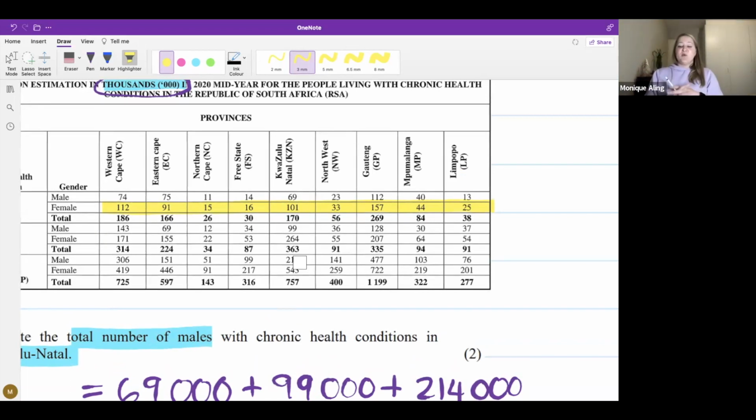Okay, what is the most important thing to remember when working out the median? It needs to be in ascending order. Is it in ascending order? I see a lot of us have just jumped straight through to the middle and have said 101 is our median.